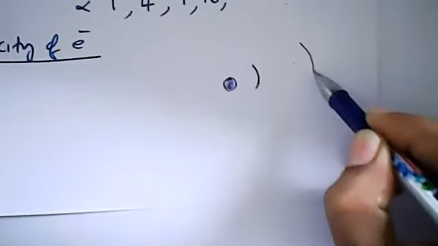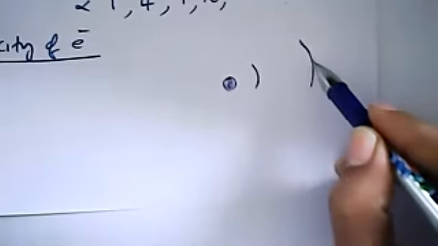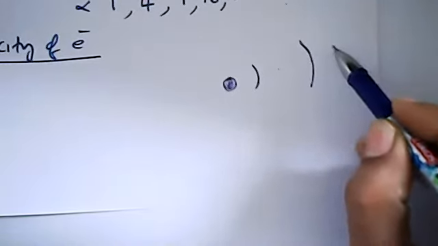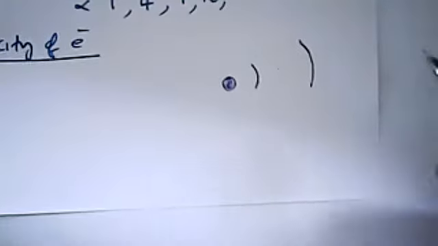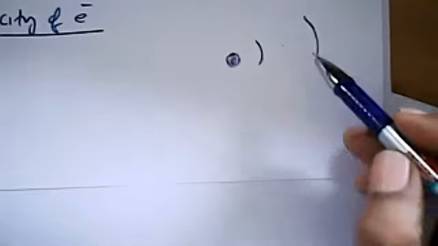The next radius is here, at 9. This is 4, 5, 6, 7, 8, 9, so somewhere here. I cannot draw it because the paper has gone out of range.